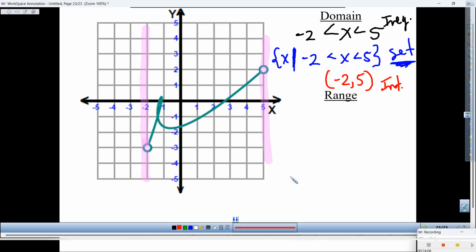All right. Range. Pass someone for the range. From where to where? From the bottom to the top. What Y values? All right, help them out.